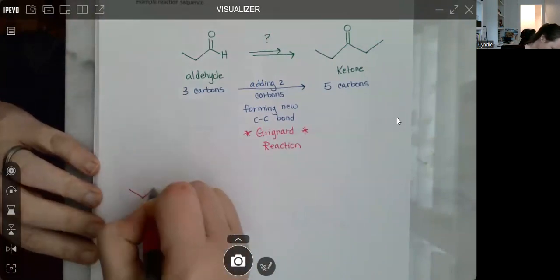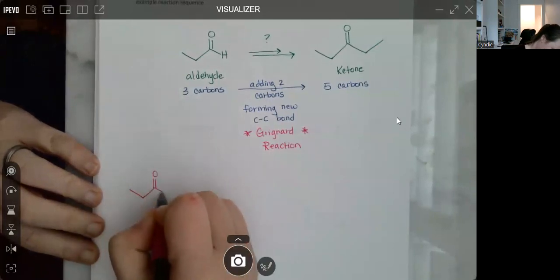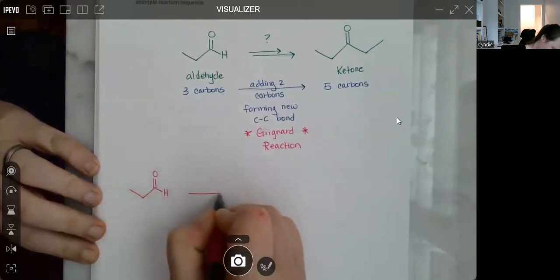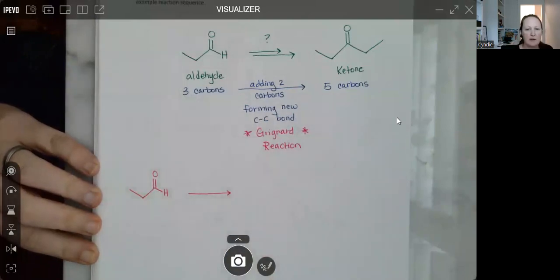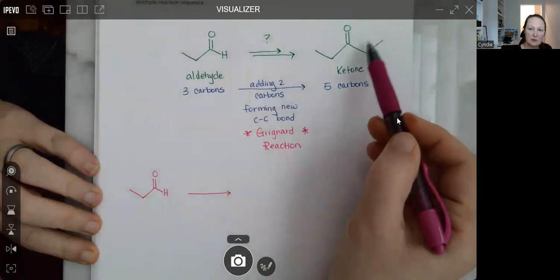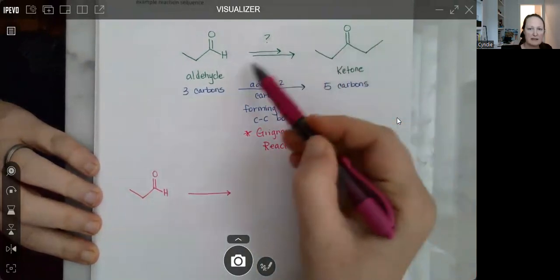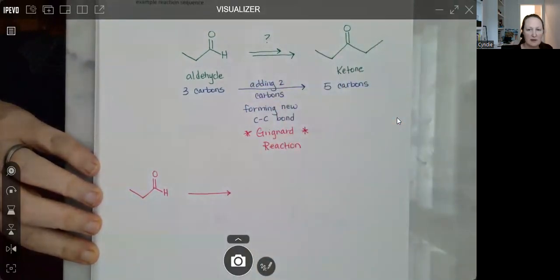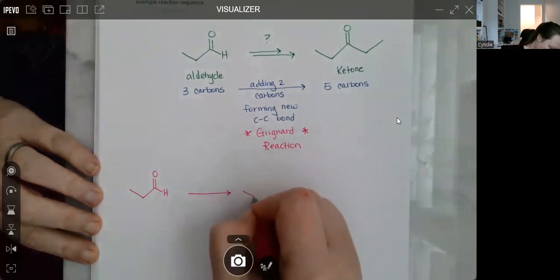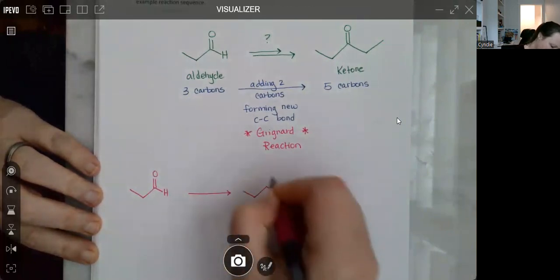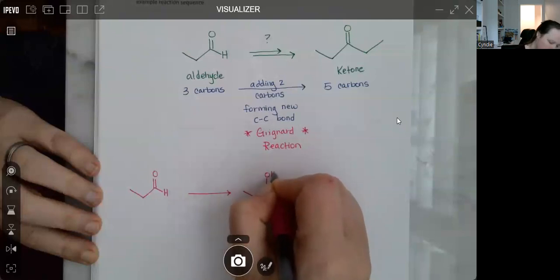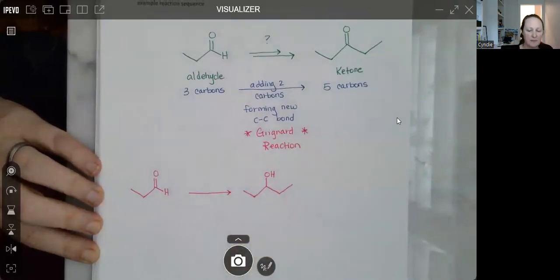So if we start with this aldehyde and we think about doing a Grignard reaction, we definitely want to add these two carbons because they're not present in the starting material. If we treat an aldehyde with a Grignard reagent with two carbons, then we will end up with a secondary alcohol where we've made that new carbon-carbon bond.